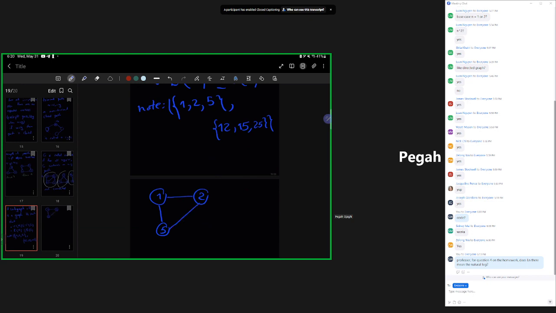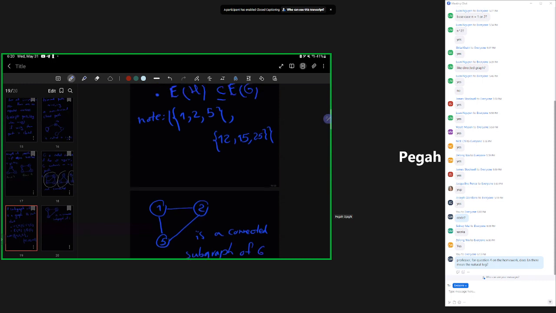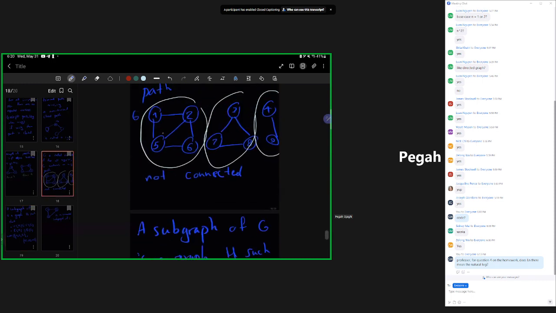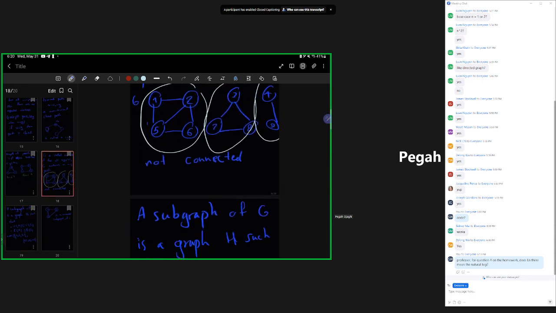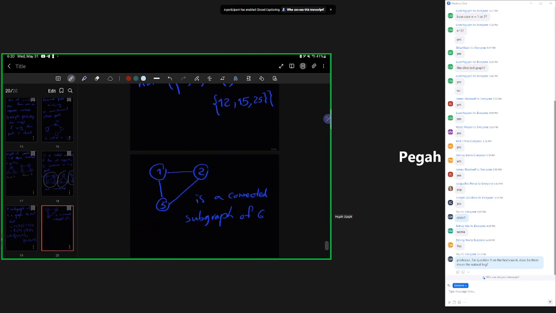Because all the edges are connected, this is a connected subgraph of G. This is coming from G. As you can see, G is here, but we just consider 1, 2, 5. This is a subgraph of G.